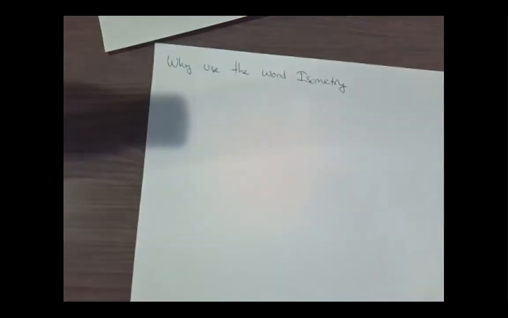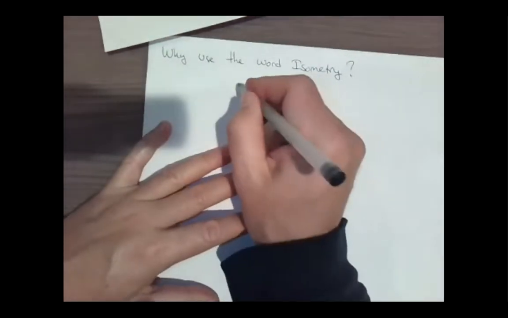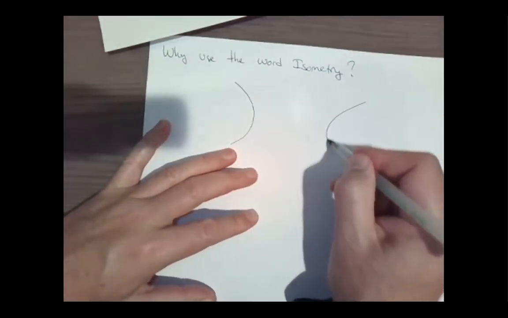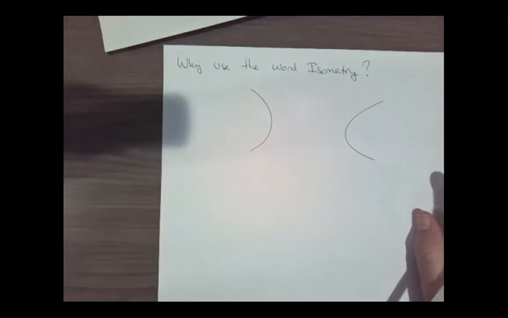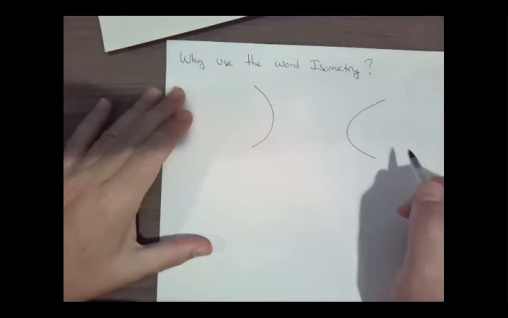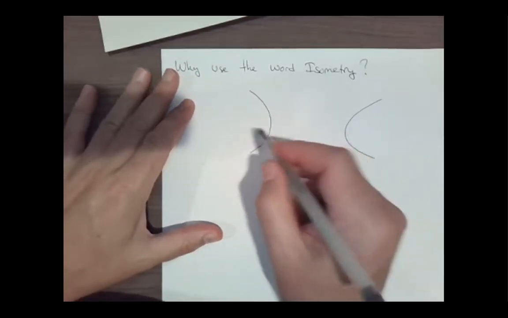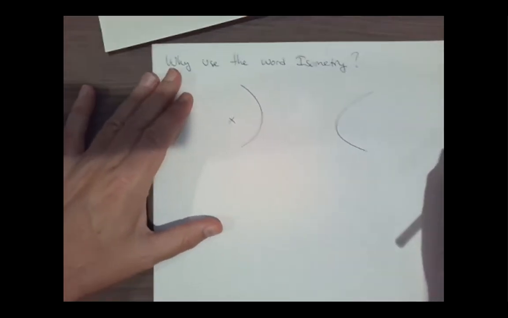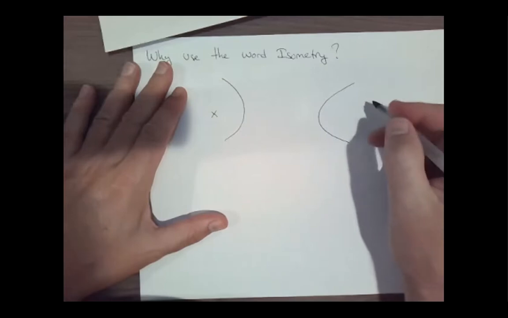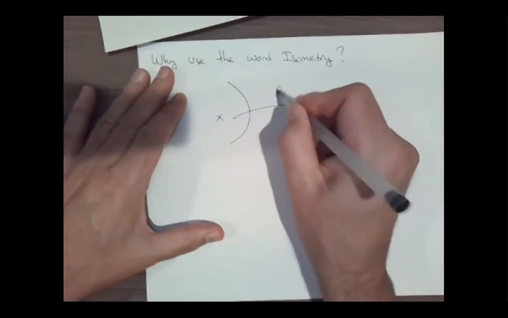Okay, so if you have a space, maybe we should just keep it abstract here. I have a space over here. We call these x's. And over here, I'll have my f of x's. So I'll have a map that goes between these two, and I'll call it f.